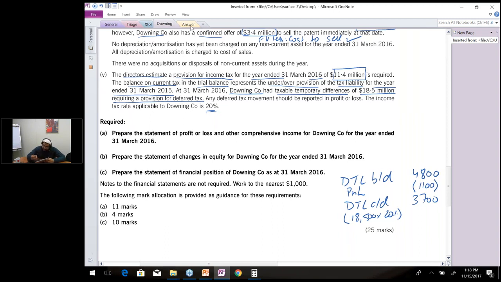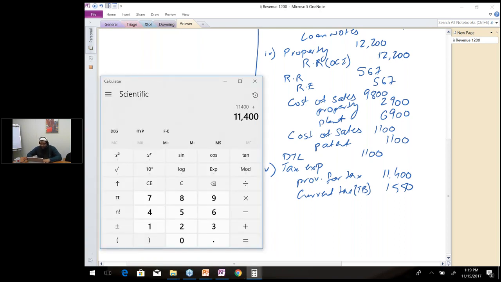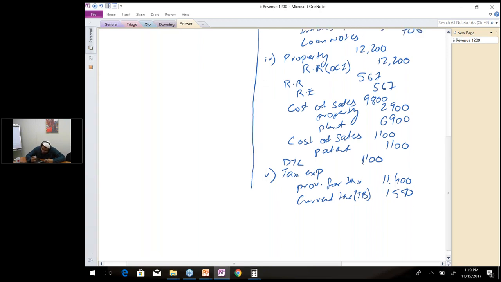Yes, so 1,100 will be debited for deferred tax liability. And then the balancing figure will go to tax expense. So 11,400 plus 1550 minus 1,100 is going to be 11,850.